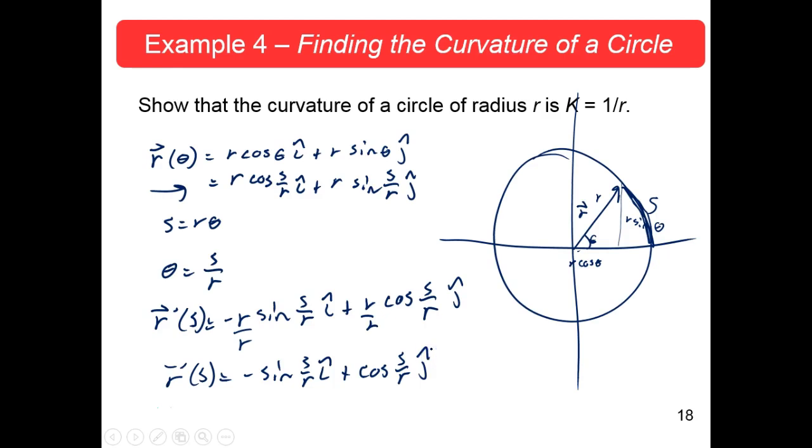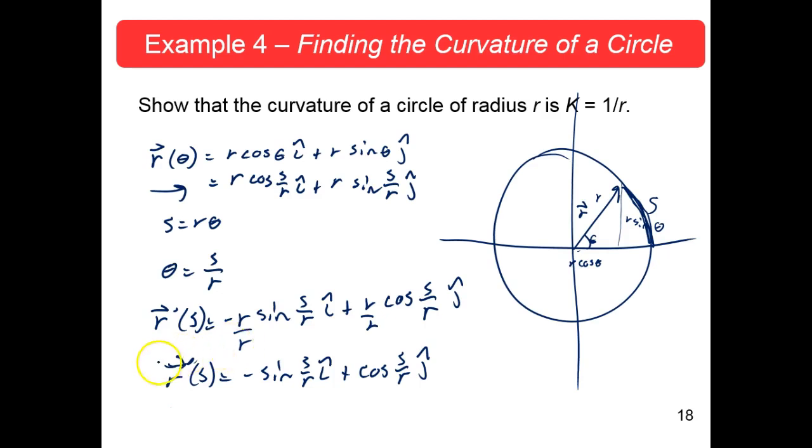That's your r as a function of s. Yeah, there's my prime. I drew over my prime. Now what is the magnitude of this supposed to be? It's supposed to be 1. And is it?